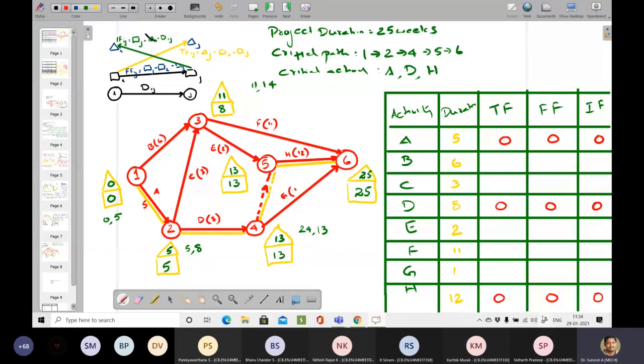For B, okay, I am just writing the values only, you can check.